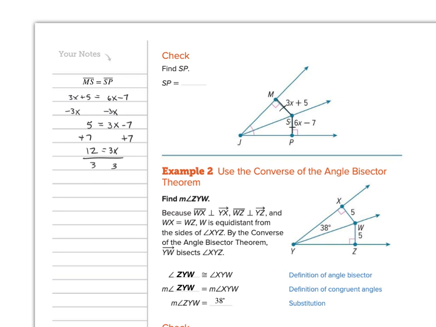Dividing both sides by 3, x is going to be equal to 4. So if we plug 4 in, 6 times 4 minus 7 should be equal to 17. 24 minus 7 is 17. So SP is 17 units long.